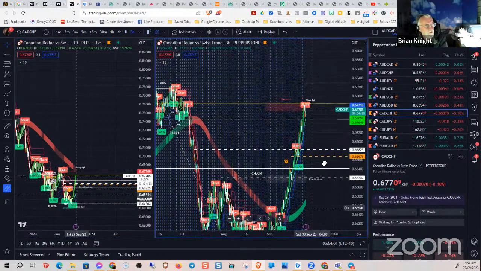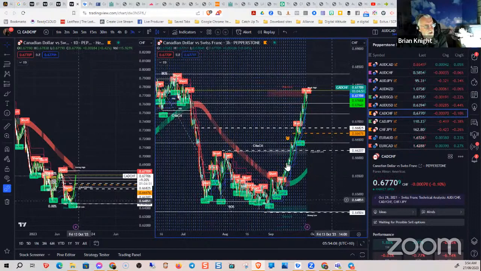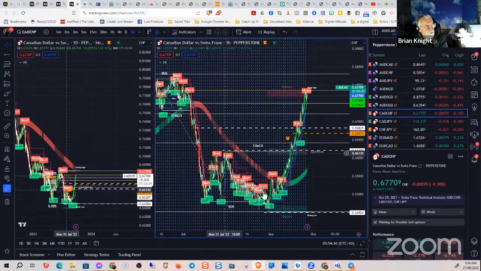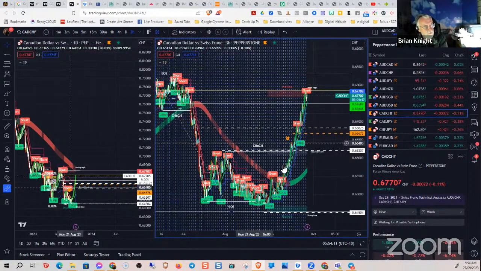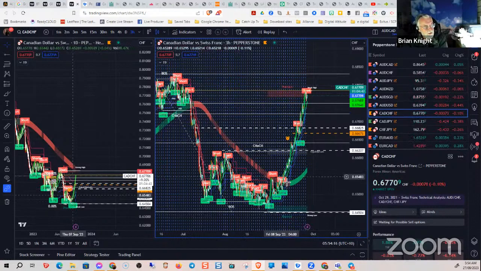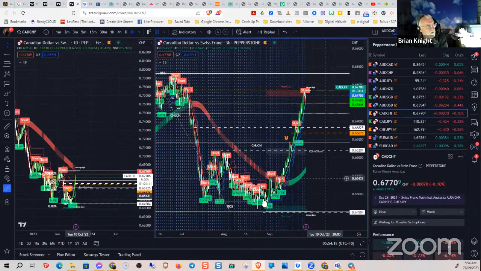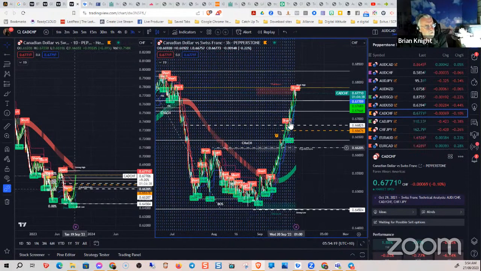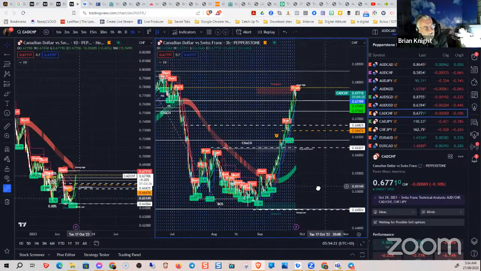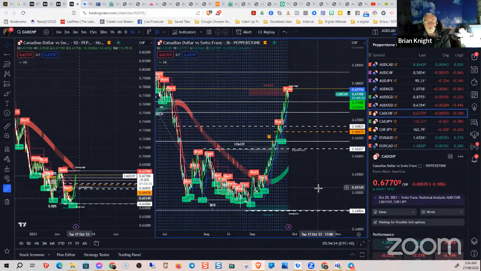Wouldn't that have been nice if it had broken there? So with a change of character, wouldn't it have been nice if you got in on there or if you had got in down here somewhere? Look at this super trend, blue, blue, blue, blue, blue. It's just pushing up.